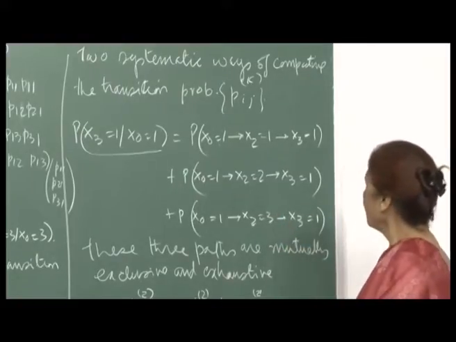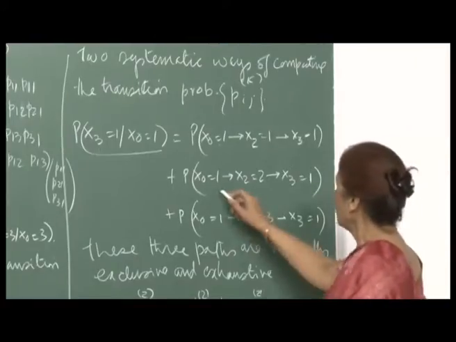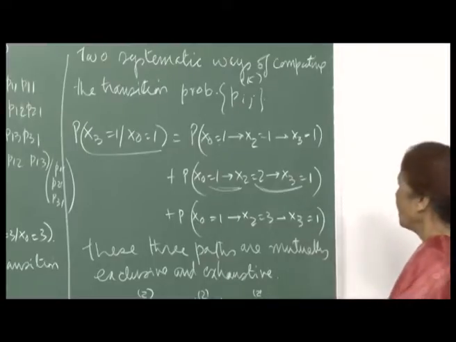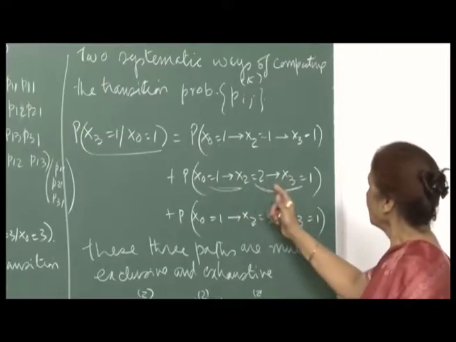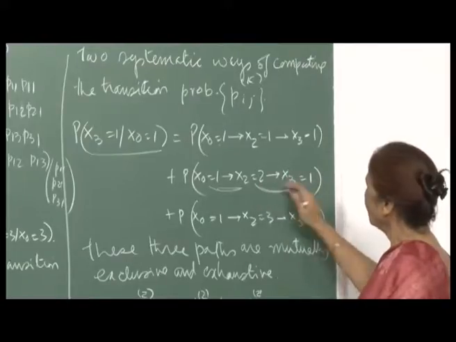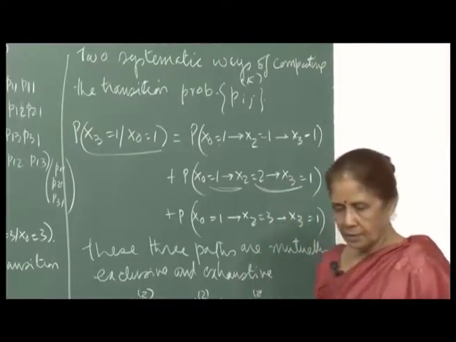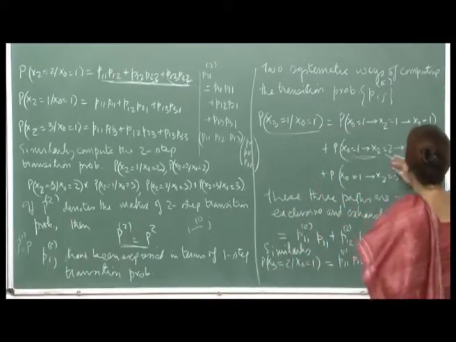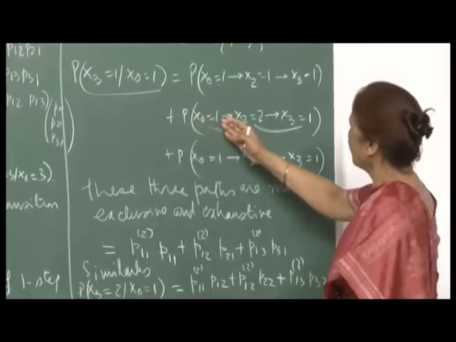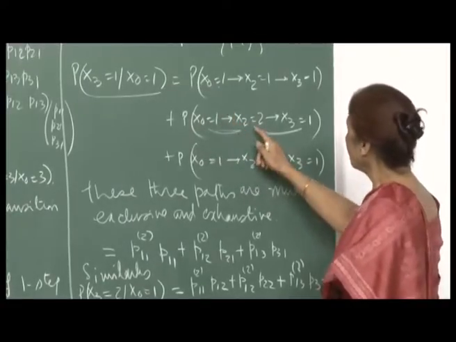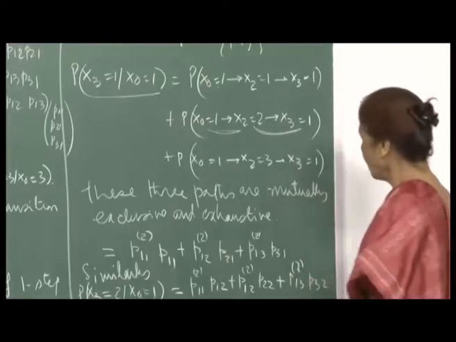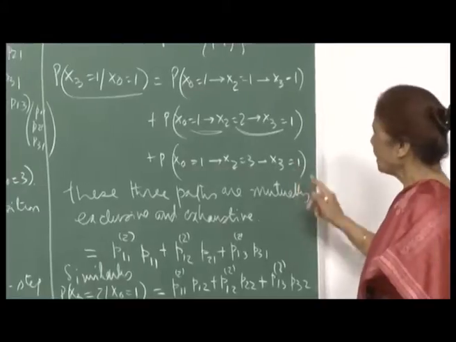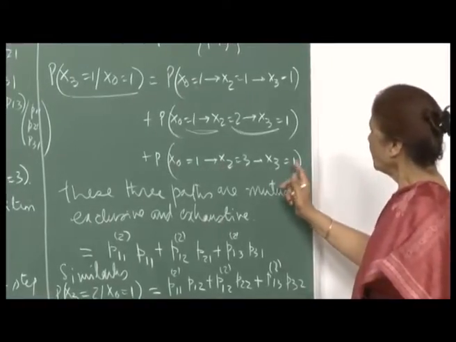And here again we are using the Markov property, because this part of the path will be independent of the probability for this, because here you have X_2 = 2 and X_3 = 1. So, only the current state is needed to compute the transition probability, and this is not dependent on where you were earlier, either at X_1 or at X_0, that is not important. So, therefore, we will write this, and again using stationarity I will simply be able to write this also as a 1 step transition probability of going from 3 to 1.